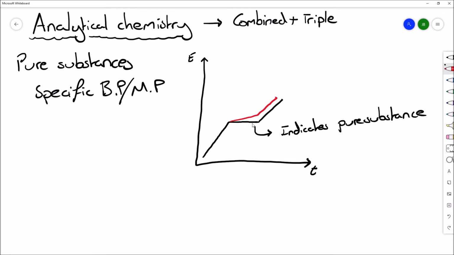And this is where it changes state, whether that's from a solid to a liquid or a liquid to a gas. It doesn't matter, it just means that this flat line, because it's got a specific boiling point and melting point. And you will get asked that in exams. You'll see this sort of graph and you'll have to choose which is the pure substance and which is an impure substance using this. Right, let's move on to formulations.